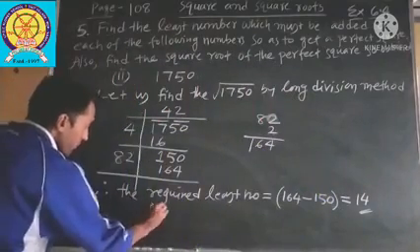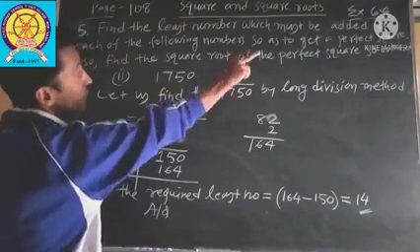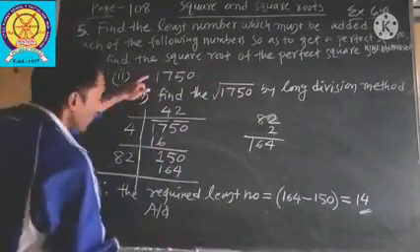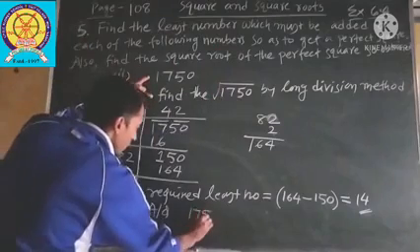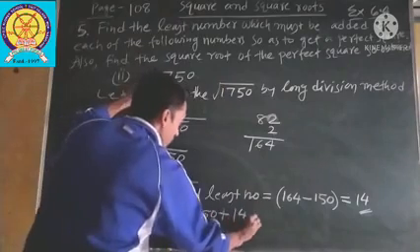As per the question, we are to find the least number which must be added. The given number is 1750 and the least number we get is 14.